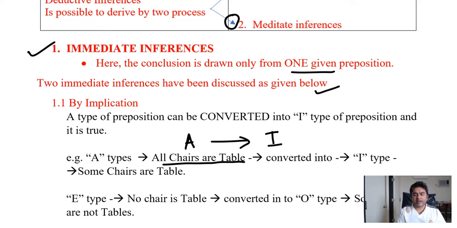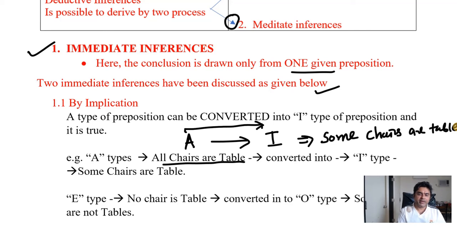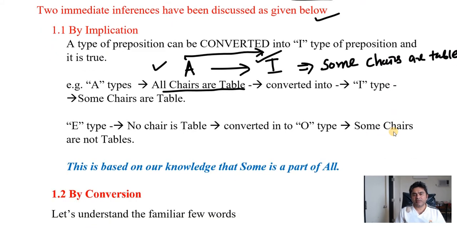Another example is you can go from E to O. Now E means universal negative proposition, no chair is table, and O means particular negative proposition, means some chairs are not table. So you can go from A to I immediately. Then you can also go from E to O. So from universal you can make particular, from universal negative you can make particular negative.